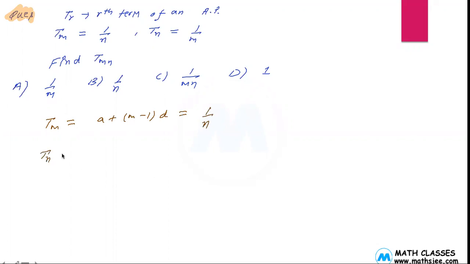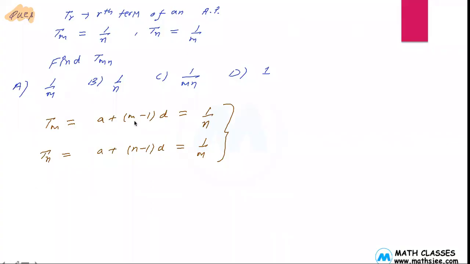Similarly, Tn, the nth term, a plus n minus 1 into d equals 1 by m. This information we are having. With this information, we have to find out Tmn, right? Just try to find out with this information.